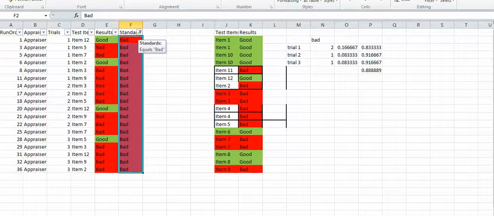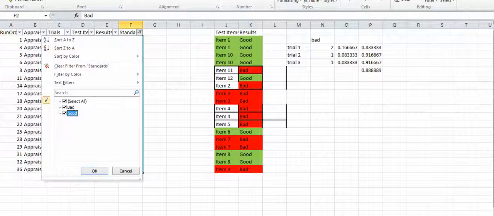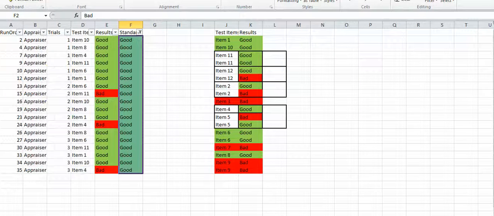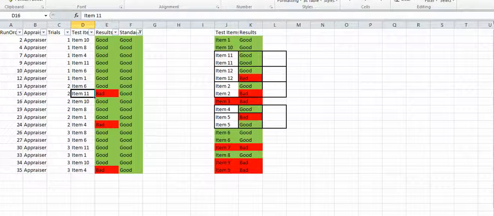If we flip the coin now and look at the good parts, we're going to select the good parts. Now in this particular case, there were 4 mislabeled, and there were 3 good measures, and we called them being bad by the same appraiser. Remember, we just have only one appraiser in this scenario. In this particular case, it's part number 11, part number 4, and item number 4 again.